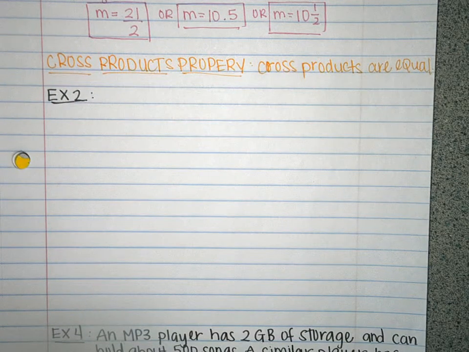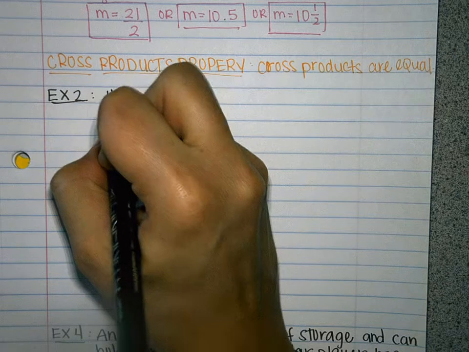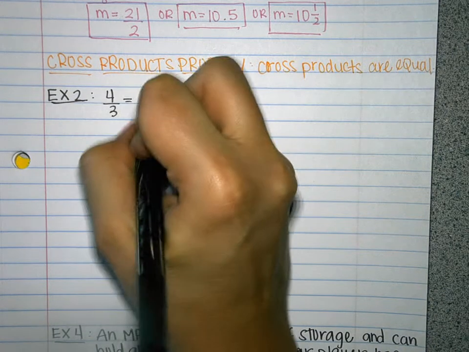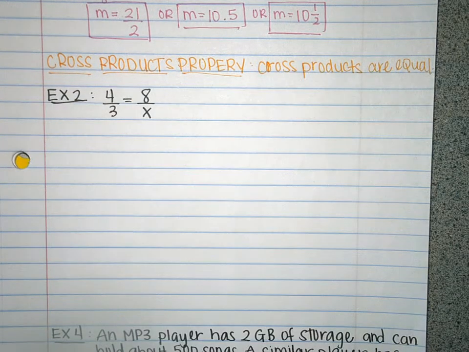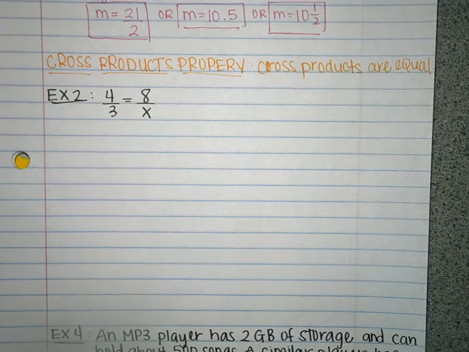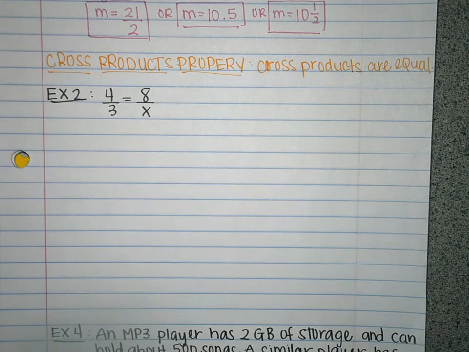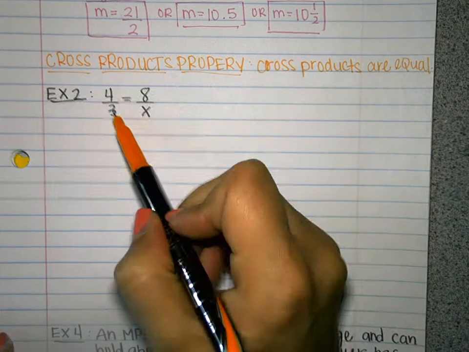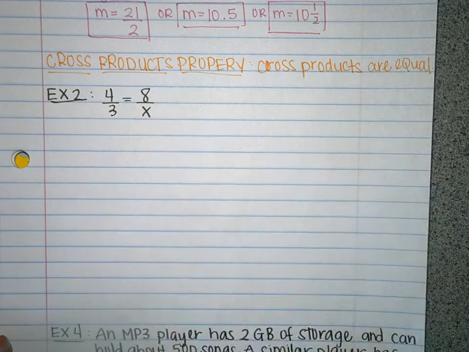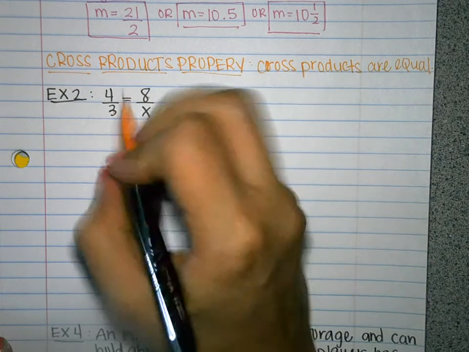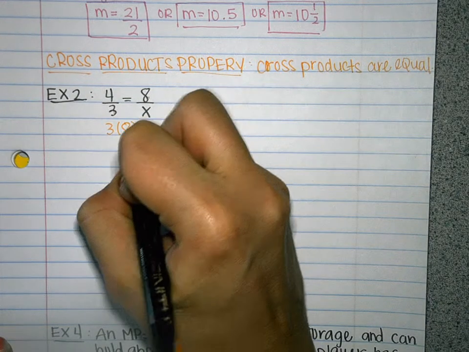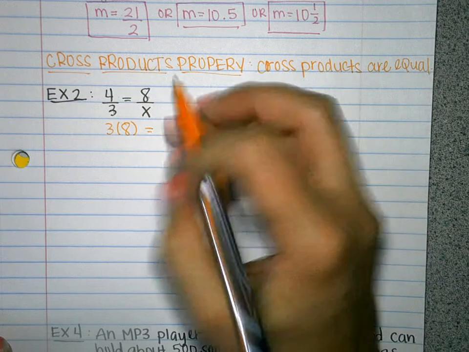So example 2, we have 4 over 3 equals 8 over x. So in this case, x is in the denominator, so using the multiplication like we did in example 1 wouldn't really work. So let's use the cross products. So cross products mean across the equal sign, I can multiply. So that's going to be 3 times 8, and that is equal to 4 times x.